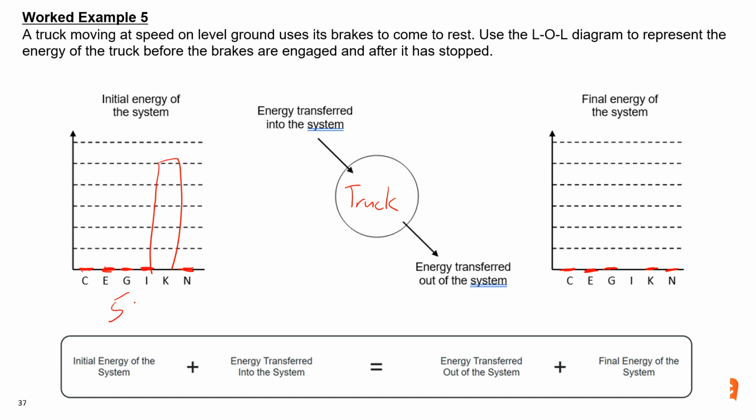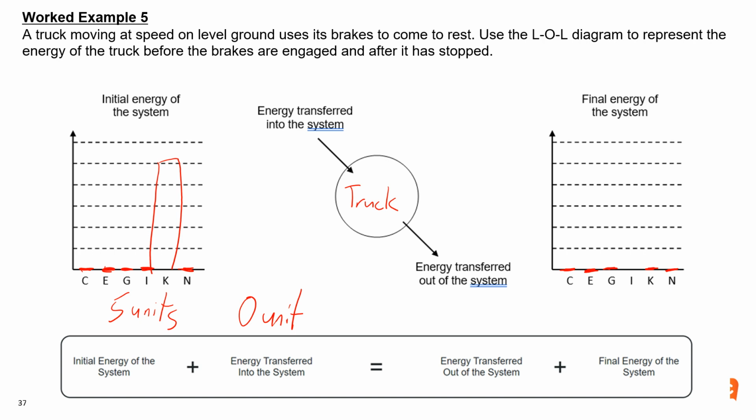So our initial energy is 5 units. Is energy being transferred into the system? No. But energy might be transferred out of the system, because as the truck comes to a rest using its brakes, the brakes might get hot, it might end up emitting a lot of heat, and it's also going to emit a lot of sound.